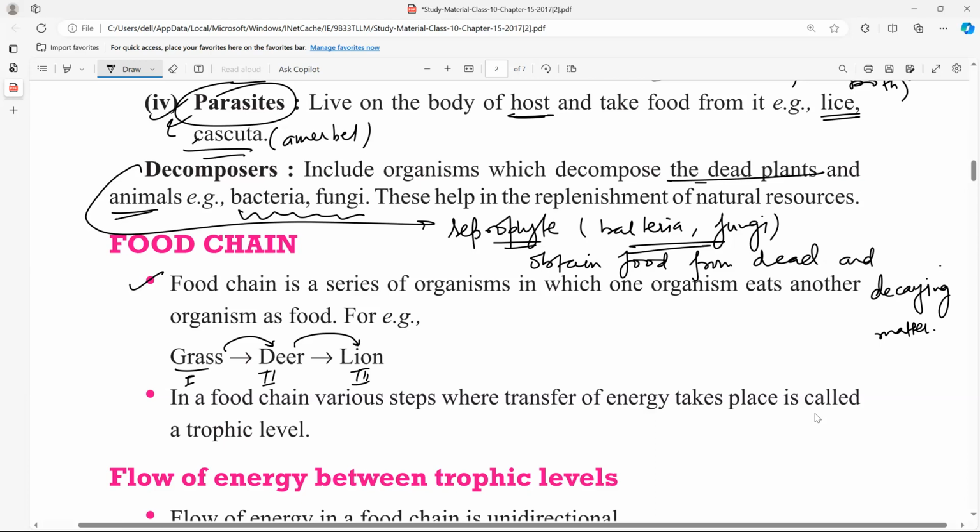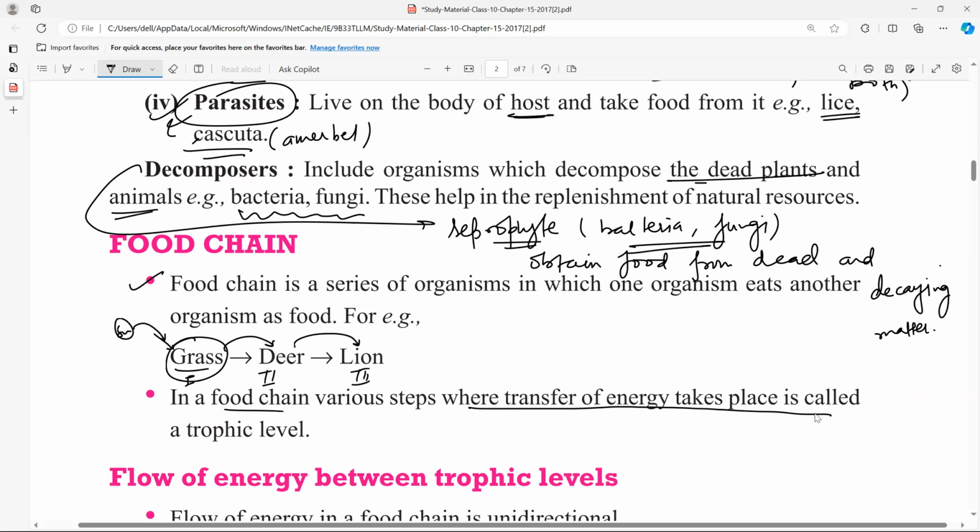So we can simply say that in a food chain there are various steps where the transfer of energy is taking place. The green plant obtains energy from the sun. Then the green plant is eaten by the deer, so the deer obtains energy from the green grass.